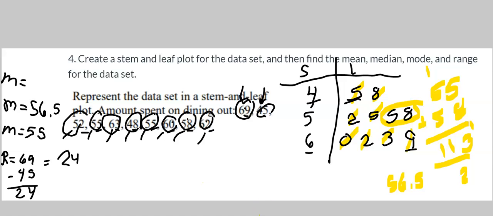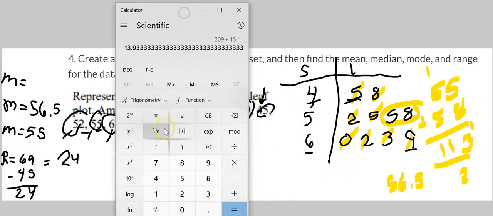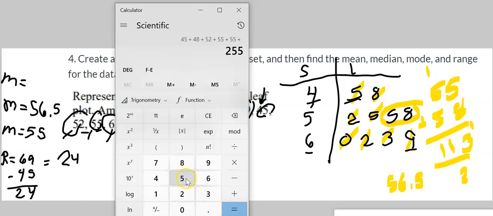Okay, so I'm going to do a little bit of cheating. I'm going to use a calculator to find the mean. I'm going to add up all of the numbers in my data set, and then divide that number by 10. So I have 45 plus 48 plus 52 plus 55 plus 55 plus 58 plus 60 plus 62 plus 63 plus 69.